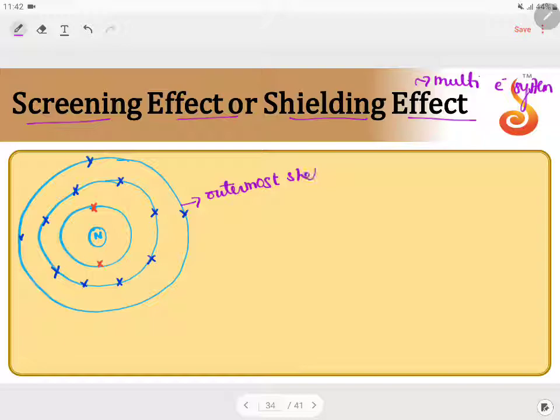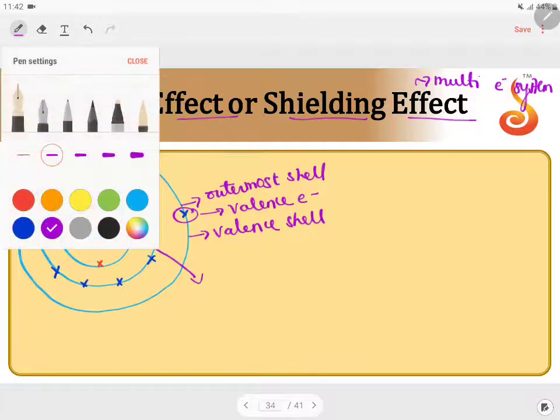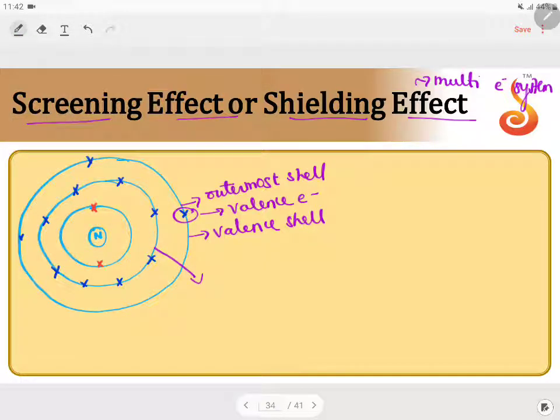Outermost shell, or we can also call it valence shell. Whatever electrons are there are known as valence electrons. If you consider this particular shell, this is known as penultimate shell.